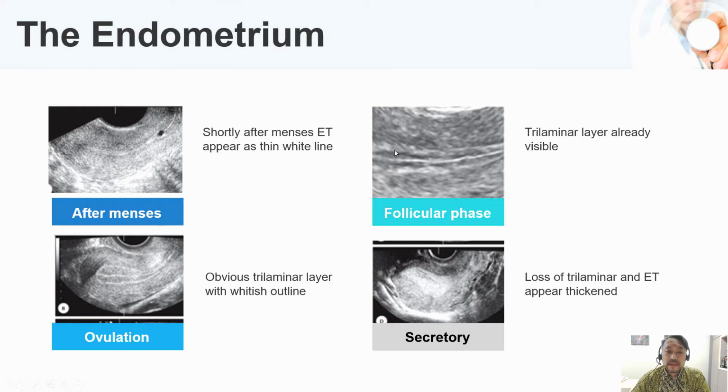And then when she reaches ovulation, the trilaminar becomes more obvious with a whitish outline like this. And then when the patient goes to the secretory phase, the trilaminar layer disappears and it appears thickened. It can go up to 14 millimeter of thickness.